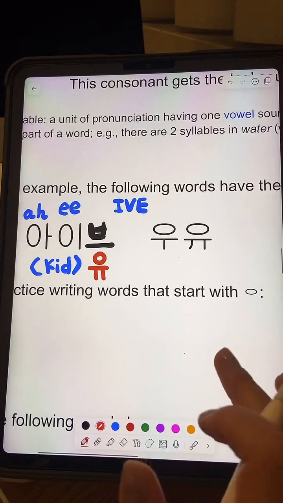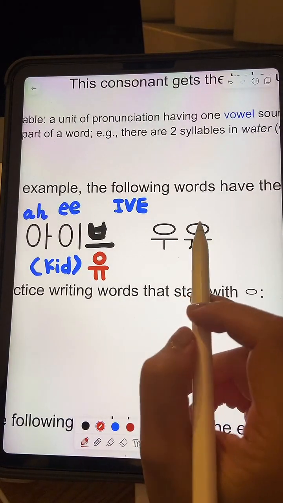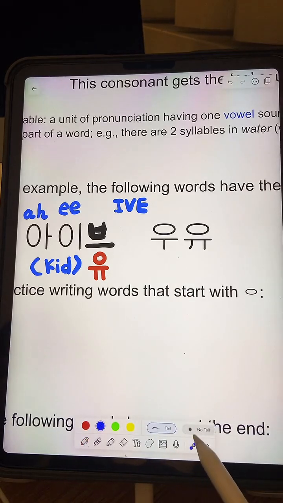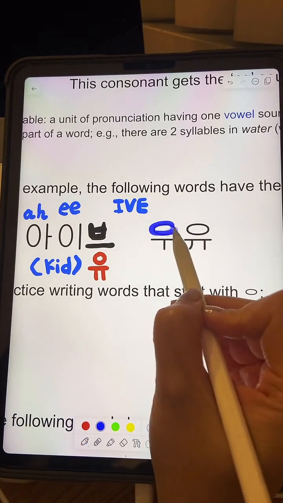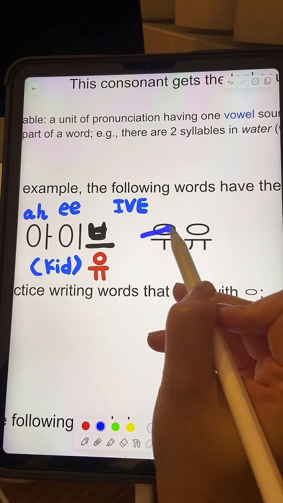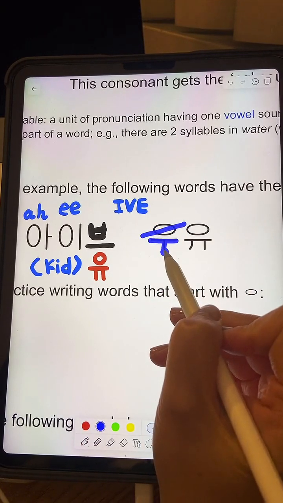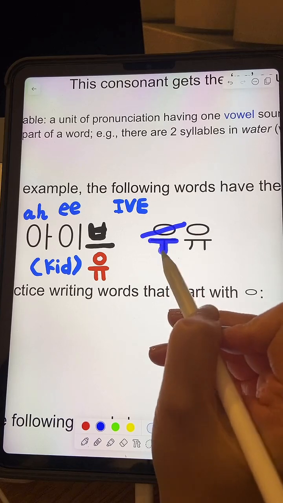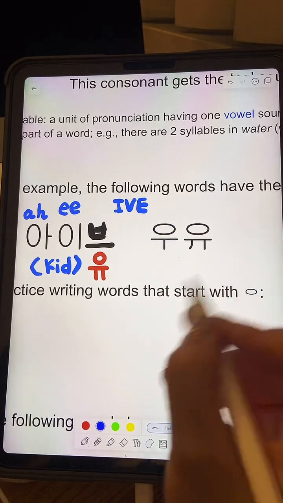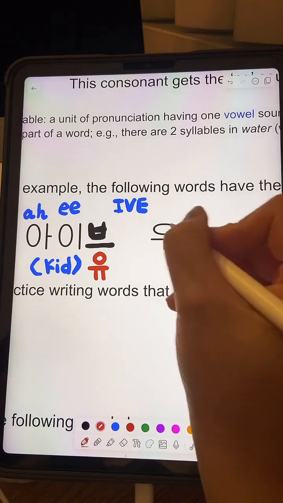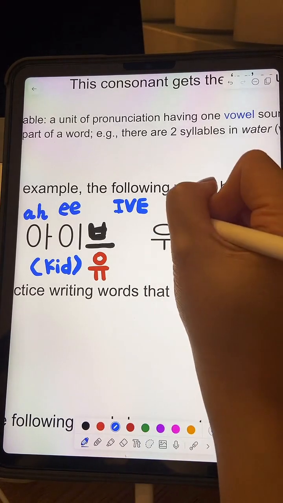Okay, let's go on to the next one. How do we read this? It starts with the, that's right, silent consonant. So you pretend it's not there. What sound does the vowel make? Why is it underneath? It must be one of the underneath vowels. Ooh, it's ooh, right?